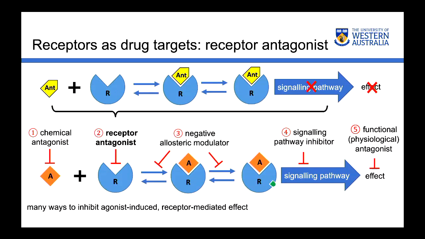Now for antagonists, I'll begin with receptor antagonists, and then I'll touch on some other ways by which agonist-induced effects can be inhibited. Again, it binds to the receptor and forms a complex, but this binding does not allow a favorable conformational change that can be relayed to other regions of the receptor, and therefore it will not lead to the initiation of a signaling pathway, and therefore it will not lead to a change in cell function.